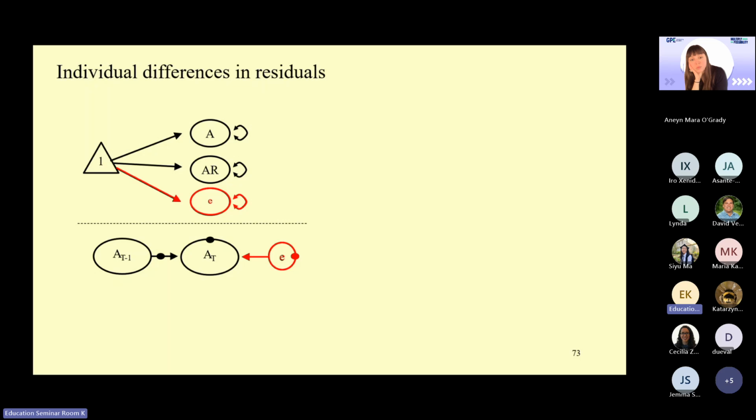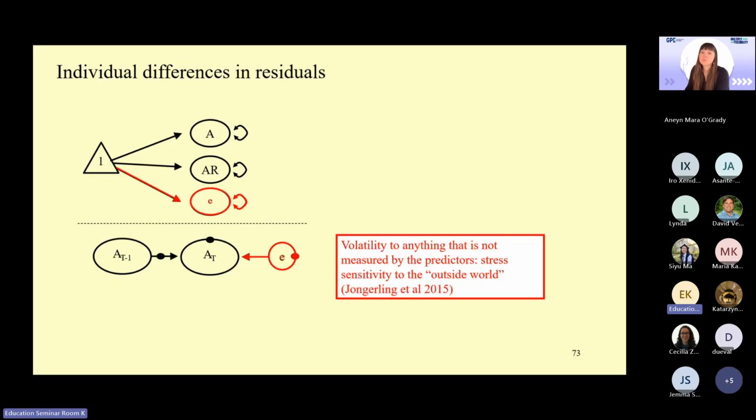So it's a very interesting concept, and it's termed volatility in the literature. And I'm yet to see any really good substantive interpretations of this, but I'm sure they will be out quite soon. So they say stress sensitivity to the outside world is one interpretation of the volatility concept.